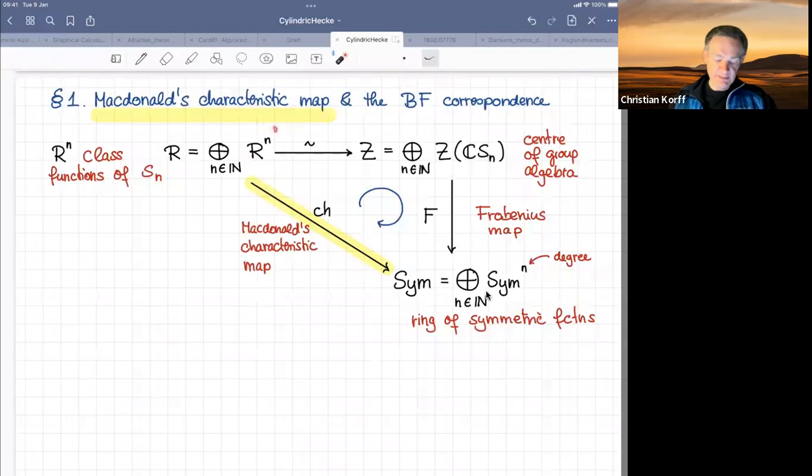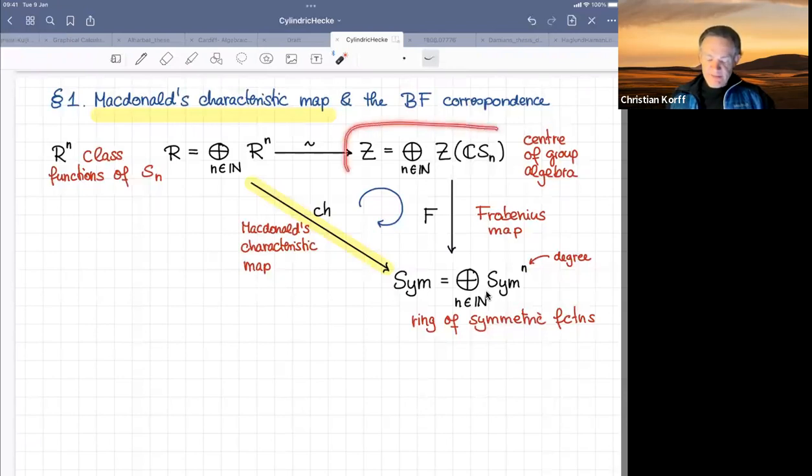The n here means that this is the set of class functions of the symmetric group on n letters. And then we're taking the direct sum because in a moment we will introduce a product, which will be done via the induction functor, which I will explain briefly. That basically means that you have not just to consider one symmetric group, but all symmetric groups at the same time.